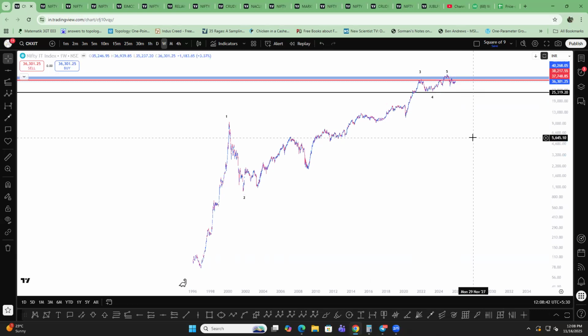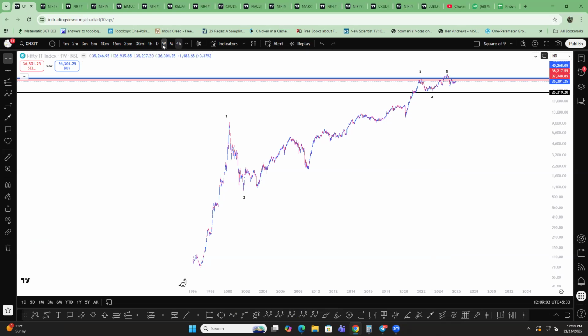So the IT index, as per my analysis or as per relative theory, has topped out, and hence there is no buying you can see in the IT index, and IT stocks are lagging very, very much.